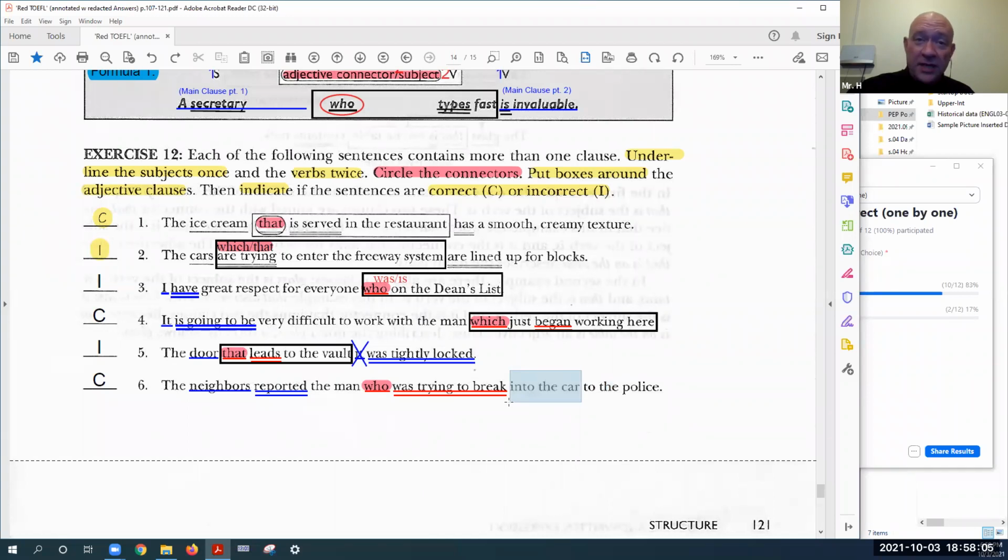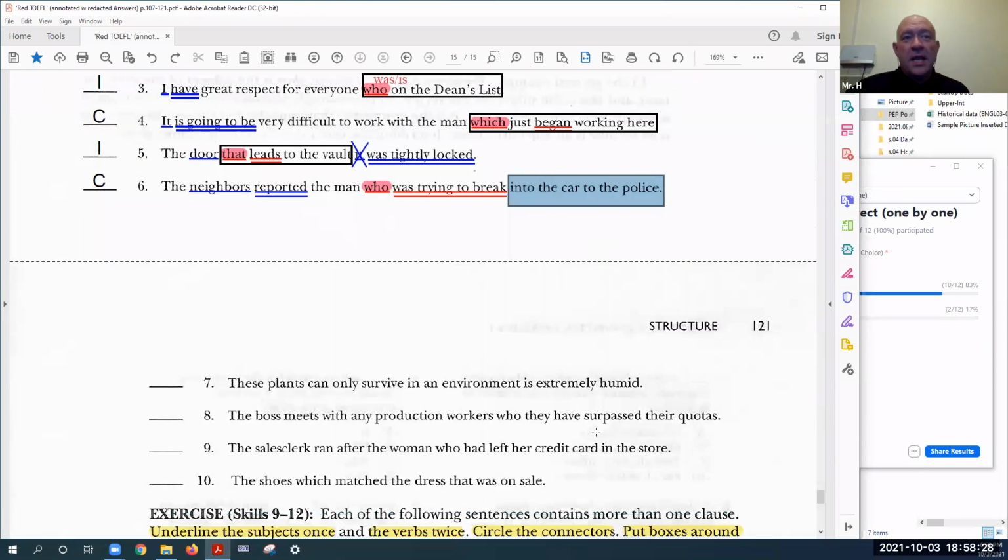You've got into, preposition, and here's an object. To, also preposition, object. So over here, no subjects, because we only have objects there. Okay? All right, let's do this.